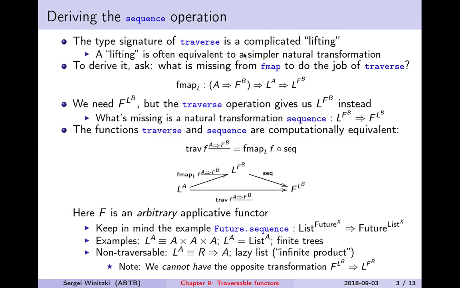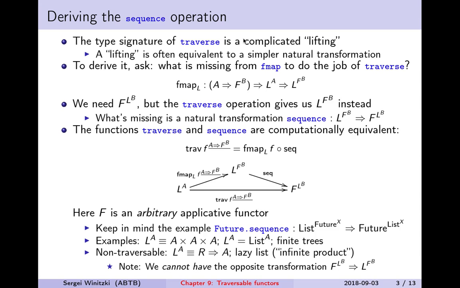So it's a complicated kind of twisted lifting, and we have seen several times already that often you can find a simpler natural transformation that is computationally equivalent to a lifting. So let's derive that natural transformation that is equivalent to traverse.